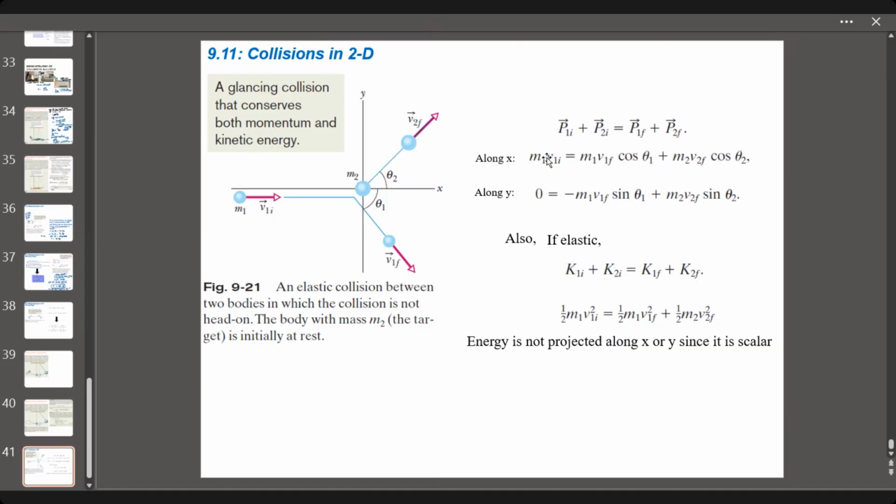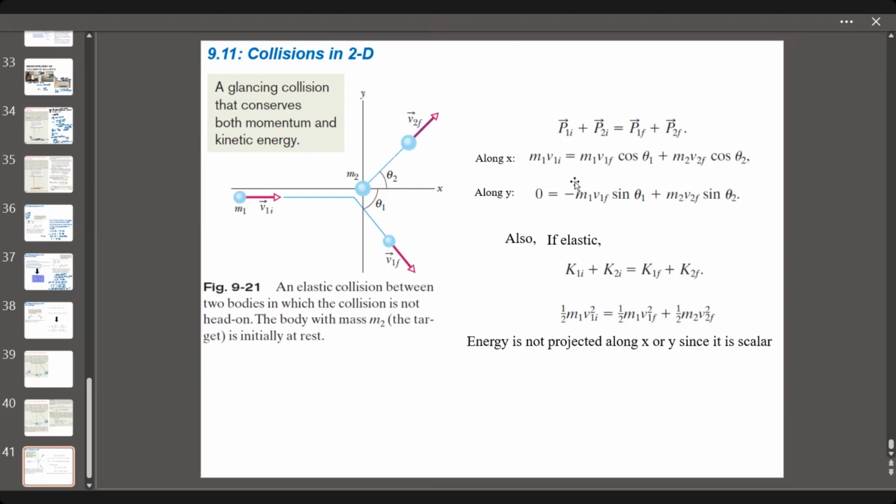I'll also study the y components. Now m1 has horizontal speed, so it will not have a y component, so I'll put 0 before the collision. After the collision, v1 final has a y component, which is negative v1 final times sine theta 1. So I'll just plug that. And you can do the same thing for v2. After the collision, v2 will have a y component, which is positive v2 final times sine theta 2, sorry.